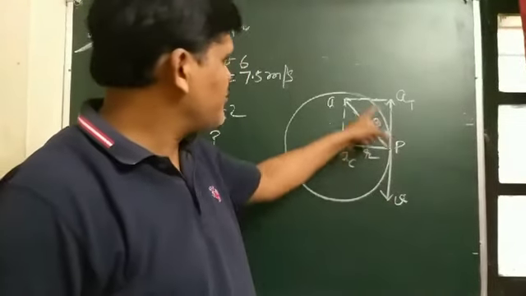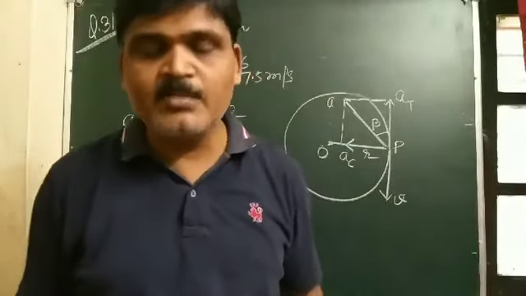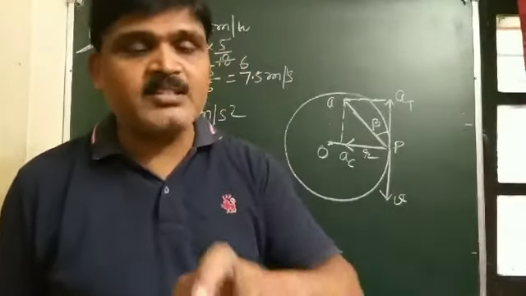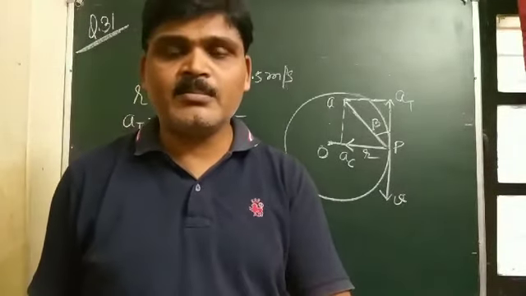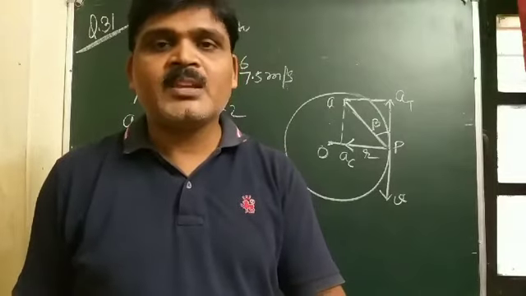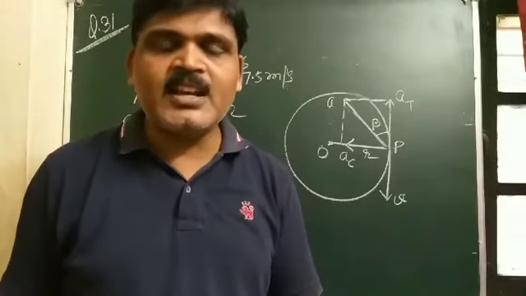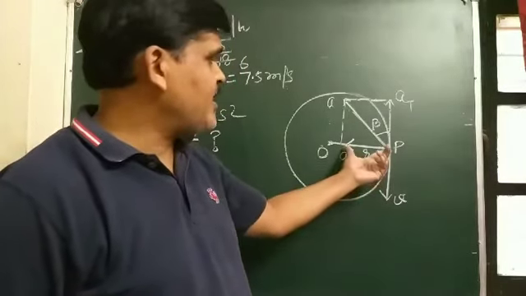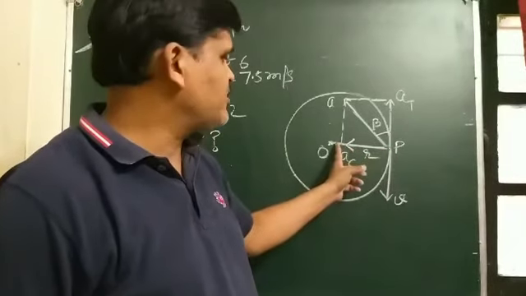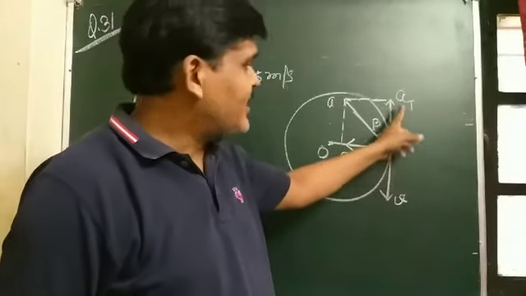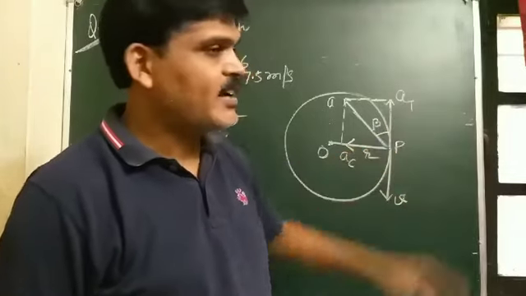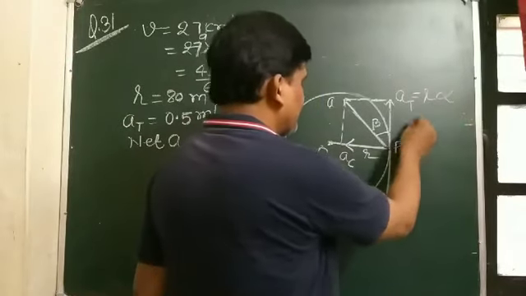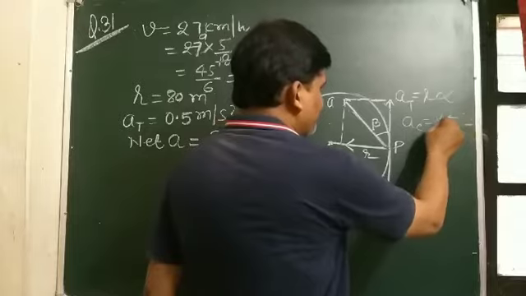It means the cyclist moves on a circular path with a variable speed. And student, if the cyclist moves in a circular path with a variable speed, it has tangential acceleration as well as centripetal acceleration. Centripetal acceleration acts toward the center of the circular path, and tangential acceleration, its formula is R alpha. And centripetal acceleration, you know, is V square by R.